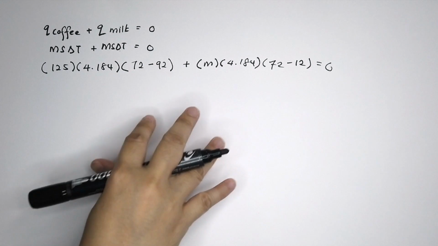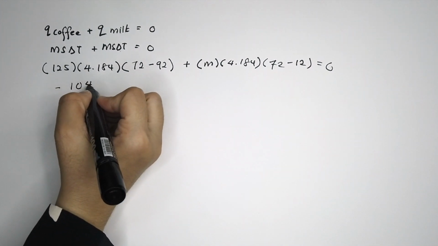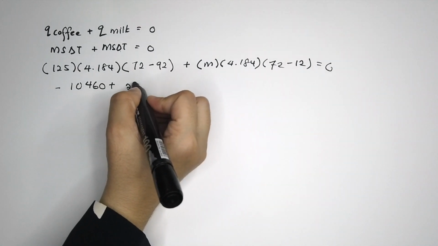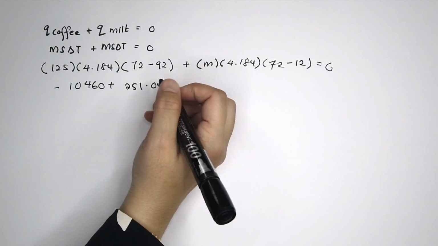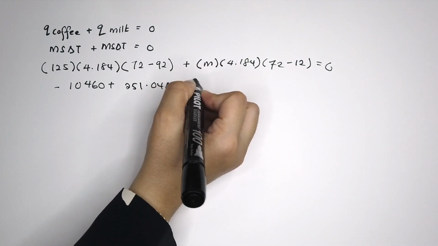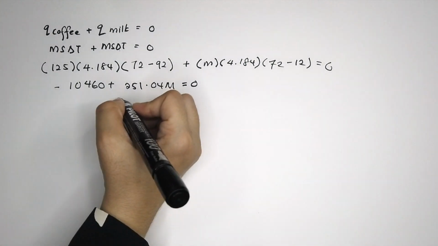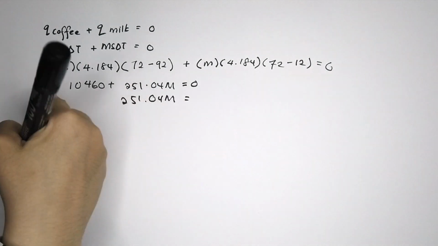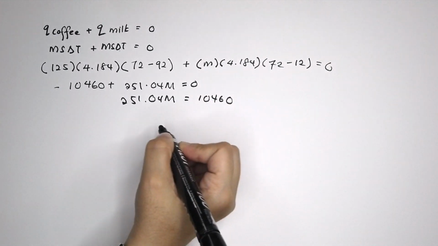So you just need to calculate this and you shall get negative 10460 plus 251.04 m, which is the mass, is equivalent to 0. So this one brought here is equivalent to 10460.